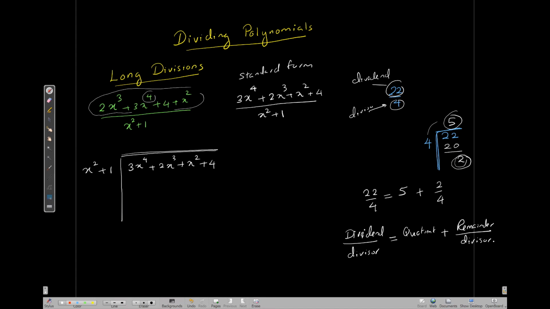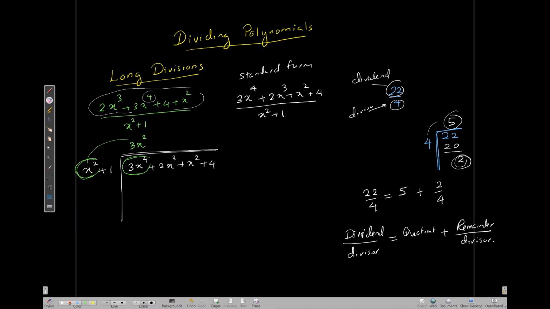Next, you look at the highest power term here and the highest power term over here, and check what you need to multiply x squared by in order to get to 3x to the 4th. So I need a 3 obviously, and I need another x squared. When I multiply these two terms, I will get 3x to the 4th, right?